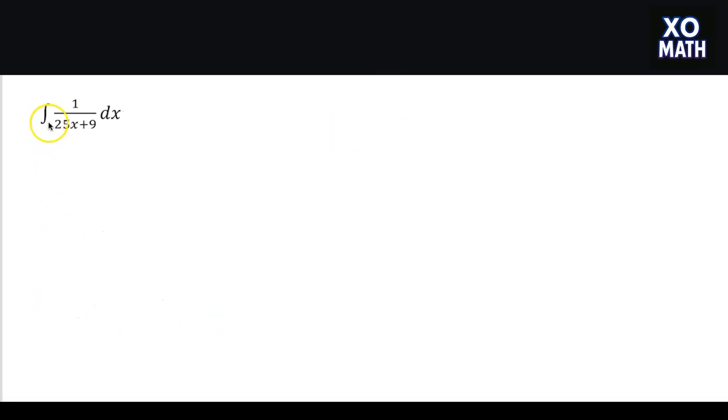And now we have the integral of 1 all over the quantity 25x plus 9 dx. Now this is similar to the previous problem, except we have 25x instead of 25x squared. So we're not thinking about arctangent here. Instead, what we're thinking about is this sort of general antiderivative where if I have 1 over a linear function, so we know 1 over x gets us to natural log of the absolute value of x.